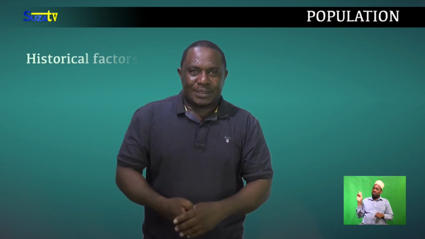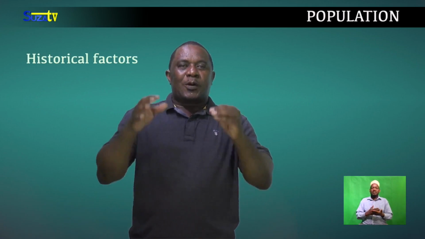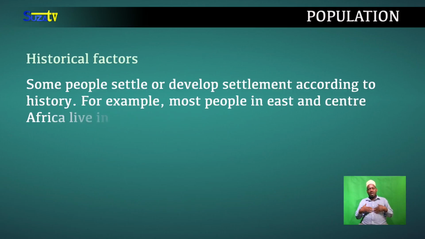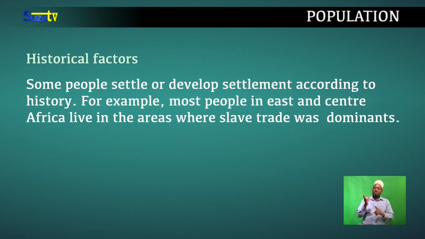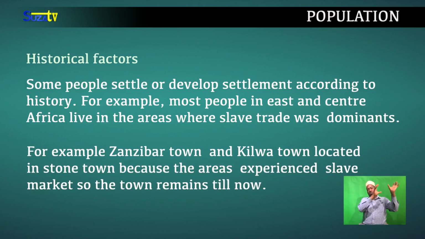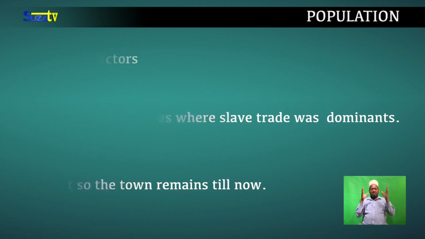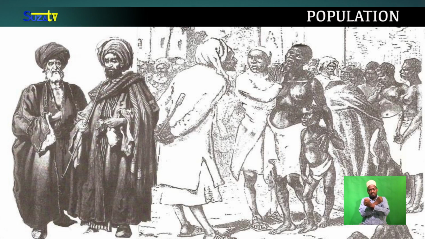Yes. Another factor is the historical factor. Some people settle or develop settlements according to the historical background of those people. As we say, some people live in Makunduchi because of its historical background, and they live in Nungwi because of its historical background. For example, most people in East and Central Africa live in areas where the slave trade was dominant.